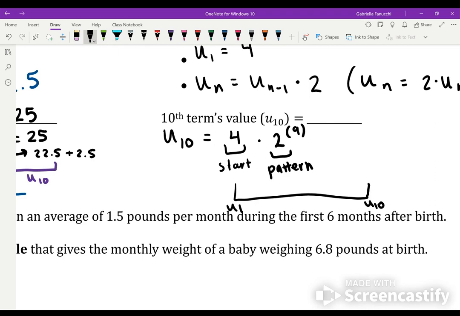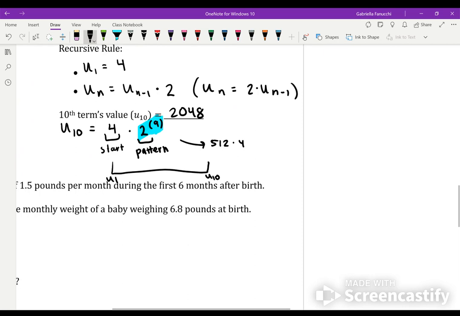So if you do 2 to the 9th times 4, I'm going to go ahead and put that in the calculator. 2 to the 9th power is going to give me 512. But we still have to multiply by 4. And we get 2048.